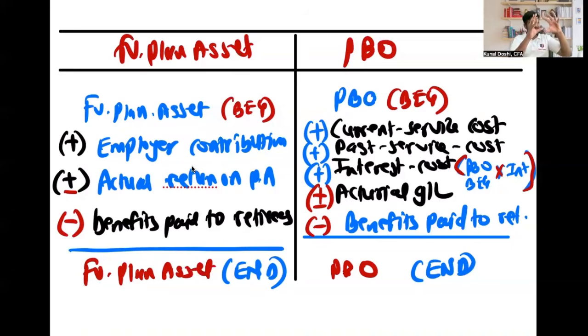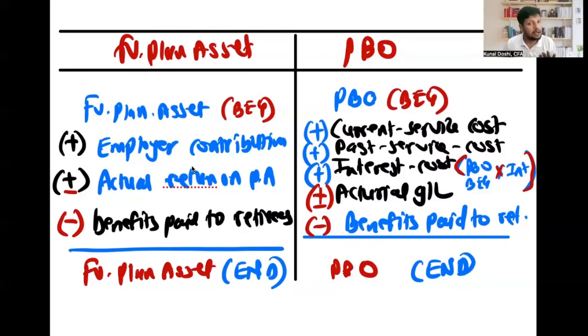But from that asset, if any benefit is paid to the retirees, that will be subtracted. So fair value of plan assets beginning plus employer's contribution plus actual returns minus any benefit paid is going to be the ending value of the plan assets.